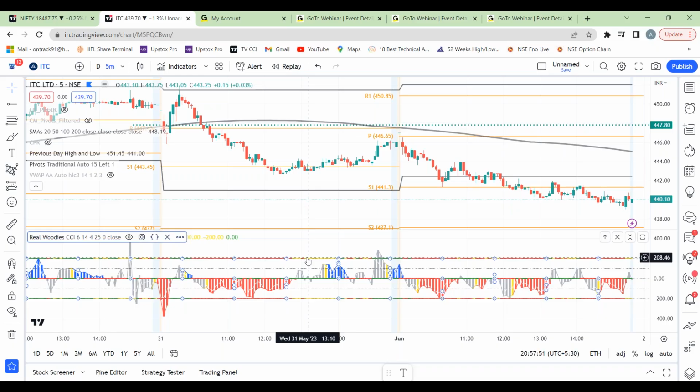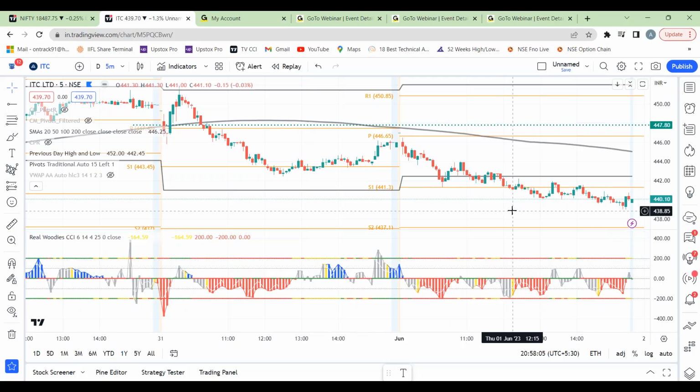Guys, pay attention. This is a unique indicator which will help you understand, and with confirmation you can start taking trades in the stock.